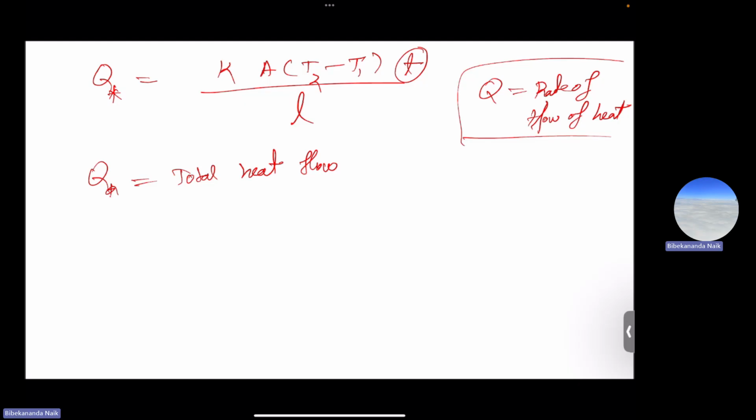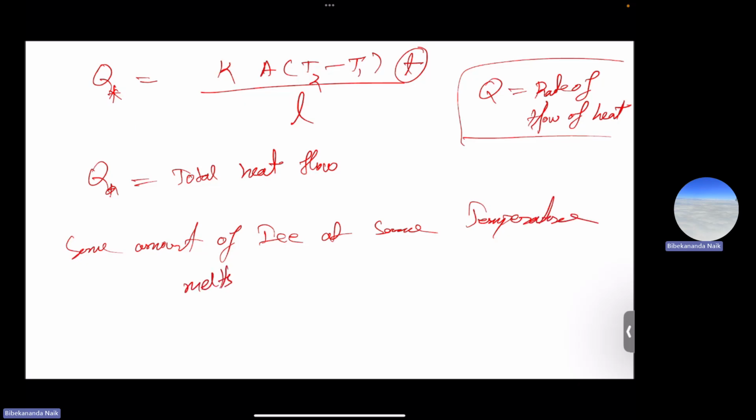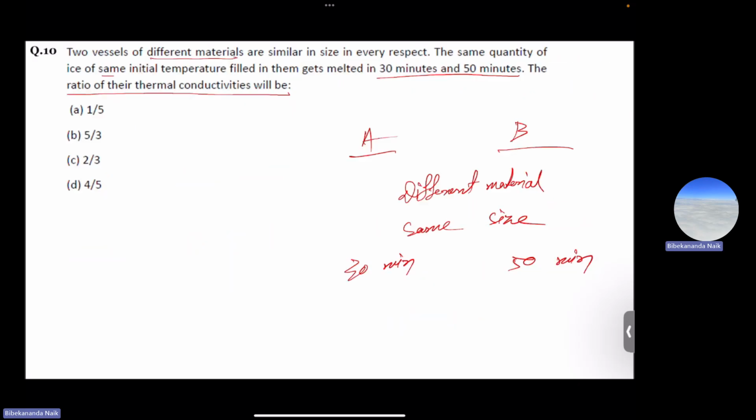Since the same amount of ice at the same temperature melts, Q is the same for both containers, because the amount of ice is the same and the initial temperature is also the same.